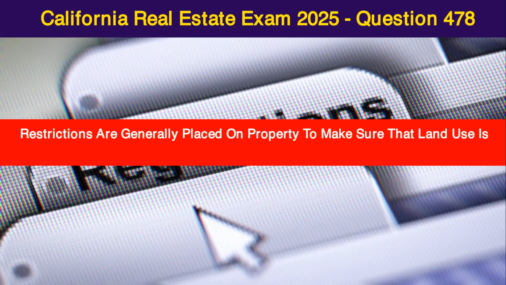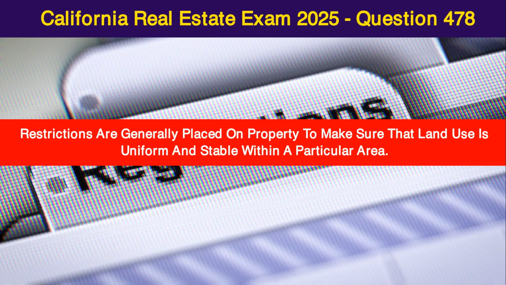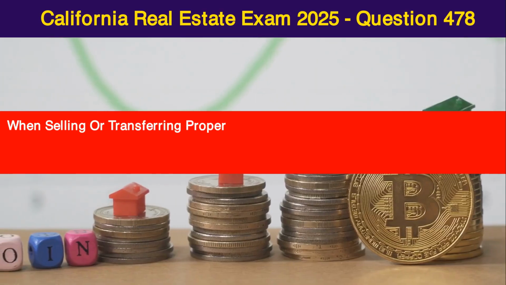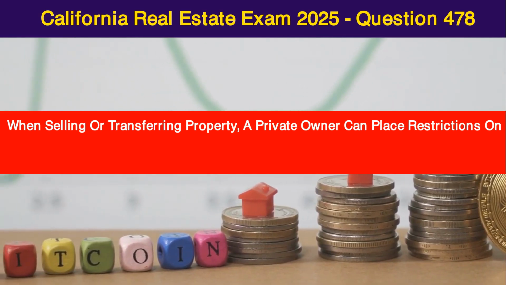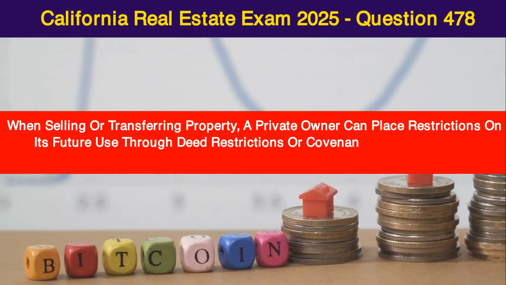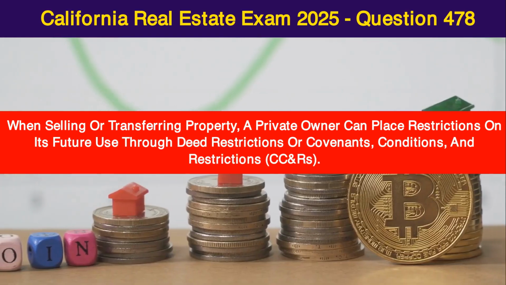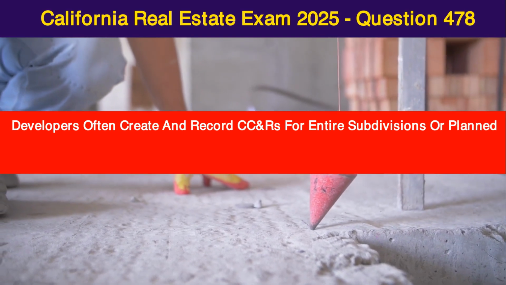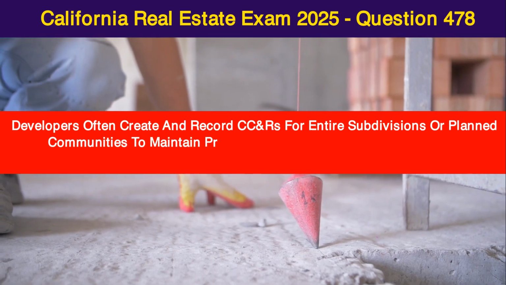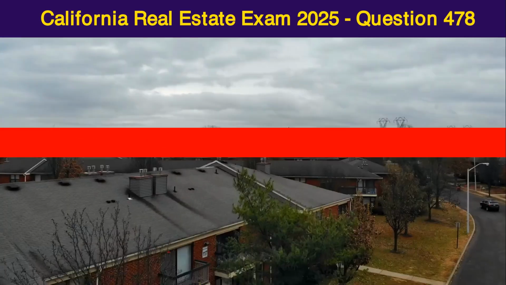Restrictions are generally placed on property to make sure that land use is uniform and stable within a particular area. When selling or transferring property, a private owner can place restrictions on its future use through deed restrictions or covenants, conditions, and restrictions, CC&Rs. Developers often create and record CC&Rs for entire subdivisions or planned communities to maintain property values and standards within the development.